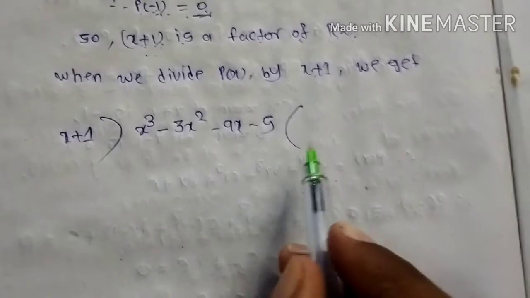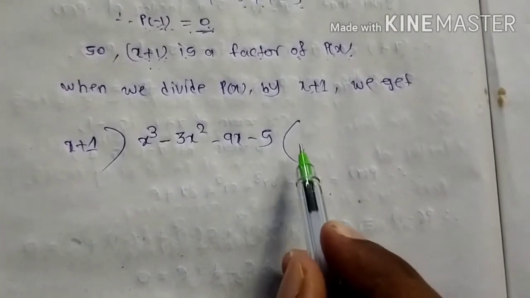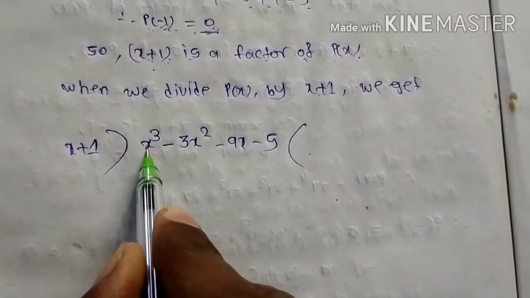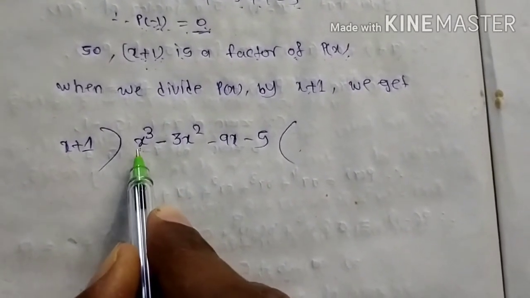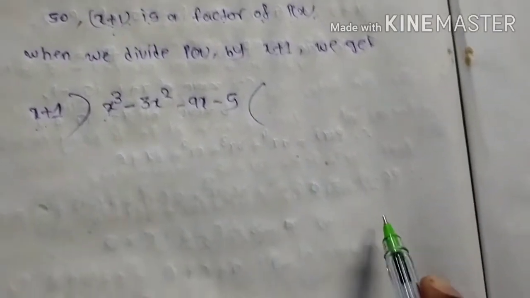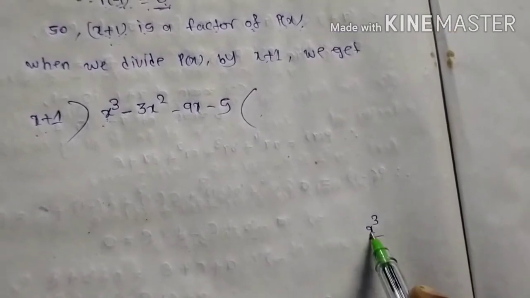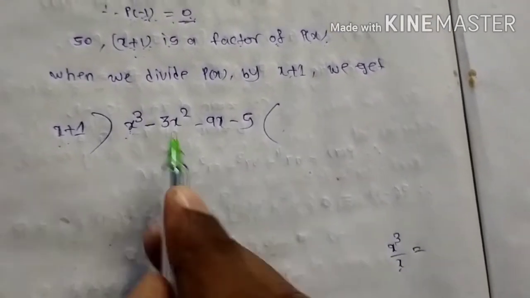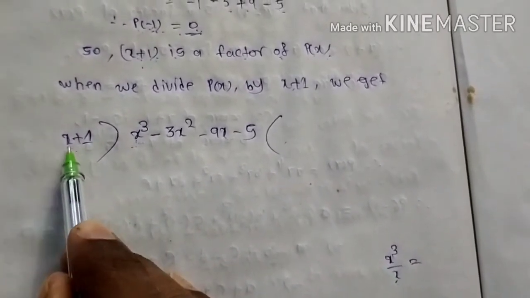How can you find the coefficient? See, already I explained how to find the coefficient. First you can consider x cube. You can divide the first term in the dividend with the first term in the divisor. x cube by x is how much?